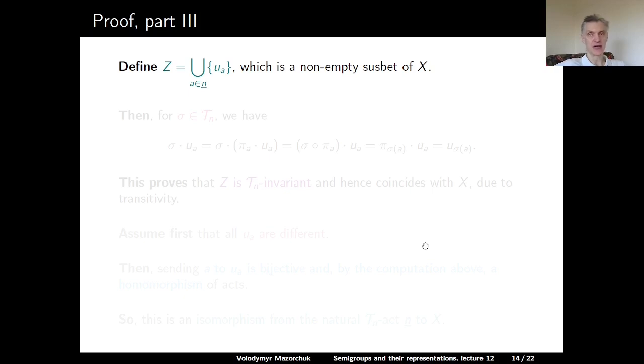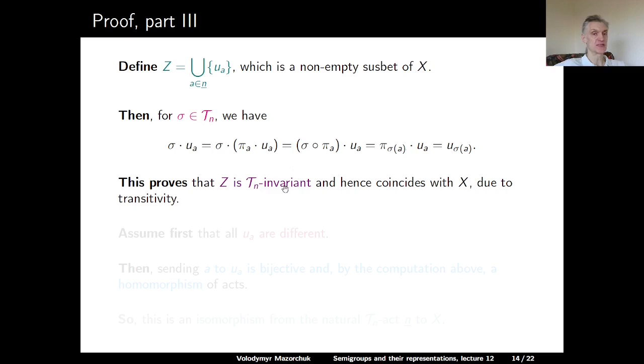And that's of course a non-empty subset of X. If we take an element sigma in Tn, we have that sigma applied to UA is equal to sigma applied to pi A of UA. This is equal to sigma after pi A applied to UA. Sigma after pi A is of course pi of sigma of A applied to UA, and this is equal to U sigma of A. And this proves that our Z is Tn invariant, and so it coincides with the whole of X due to transitivity.